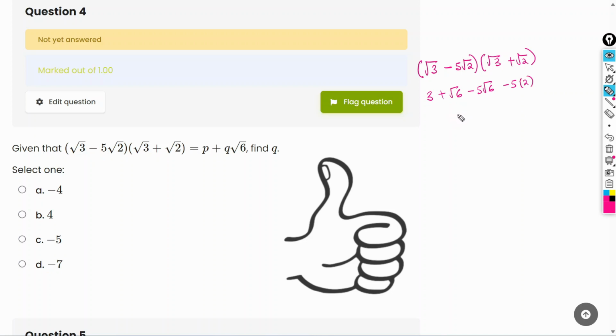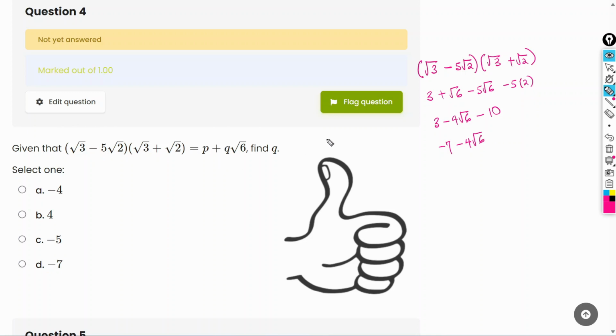So this becomes 3, minus 4 root 6, and then minus 10. So I'll end up with minus 7 minus 4 root 6.